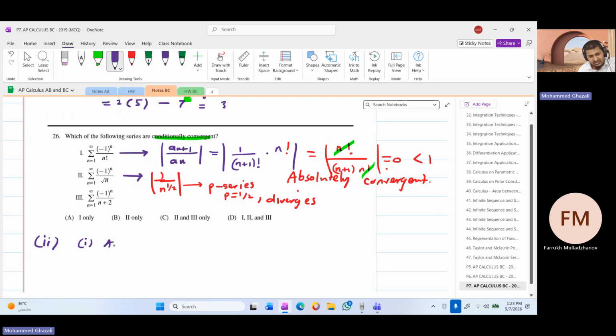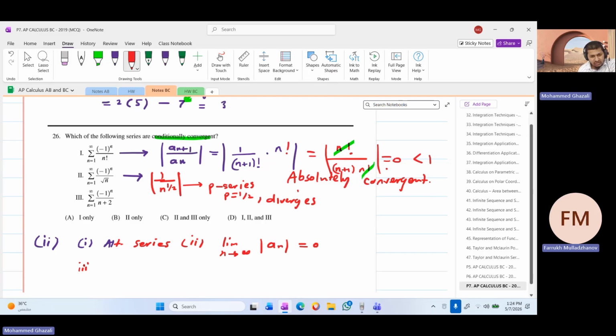The second condition we need to check is whether the limit as n approaches infinity of the absolute value of an is equal to 0. Yes, because if I substitute infinity, we get 1 over infinity, which is 0.